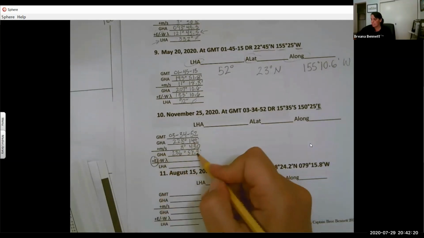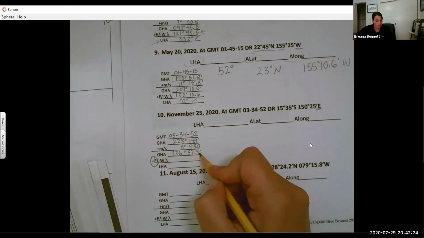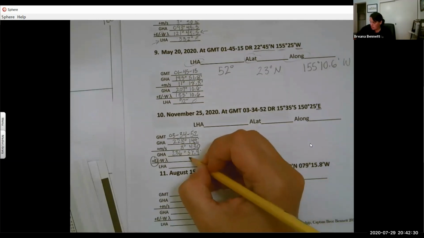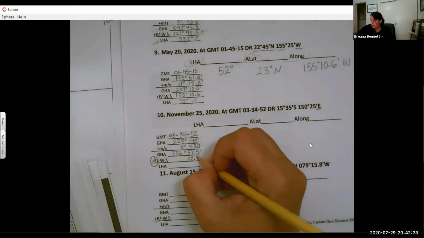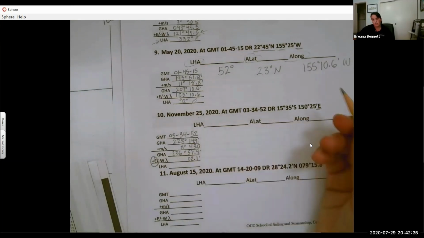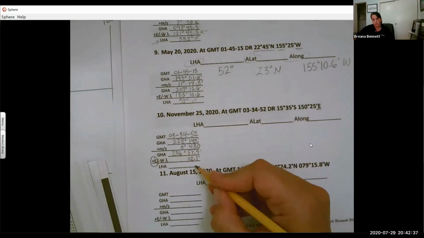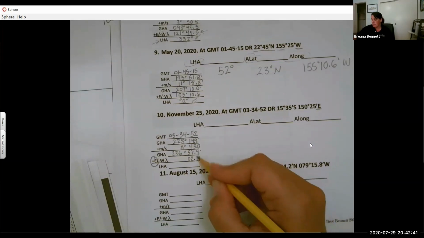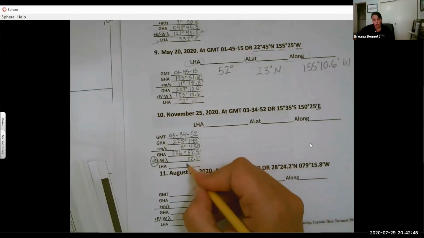So what do I need to get this to a whole degree if I'm adding? I need 02.1 minutes. Everyone see where I got that 02.1? It's basically 60 minus this, so now I have a whole degree in LHA because I'm adding.